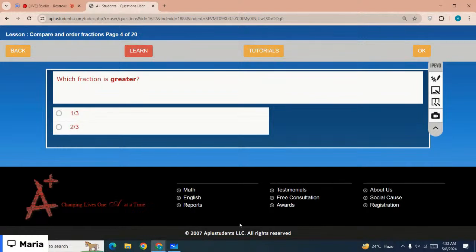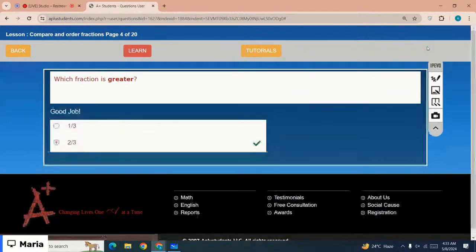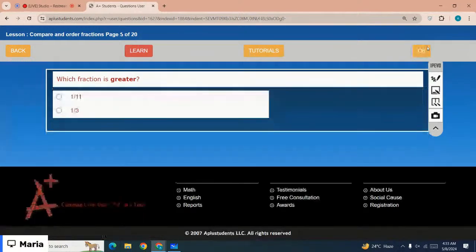Two out of three is greater, right? The correct option is 2 out of 3. Which fraction is greater, 1 over 11 or 1 over 3? Yes, that is 1 over 3.